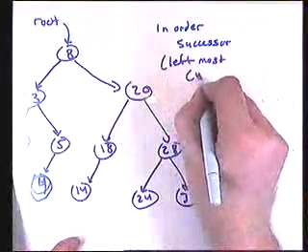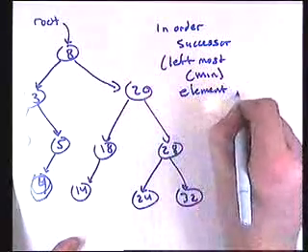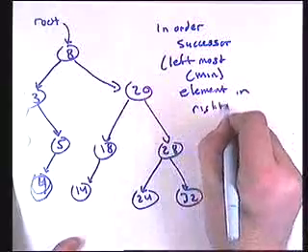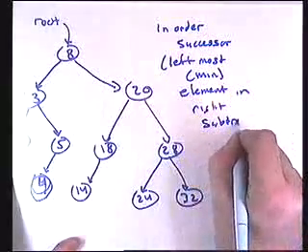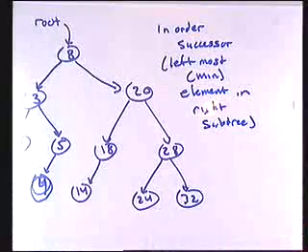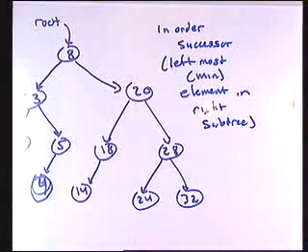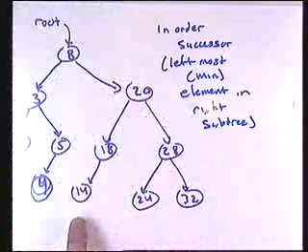What I want to do is find the leftmost, or in other words, the minimum element in the right subtree. The leftmost element in the right subtree is going to be the in-order successor, because if you picture doing an in-order traversal on this tree, the smallest element in the right subtree is the very leftmost one.